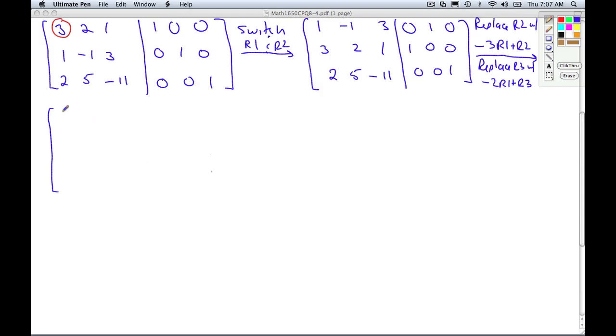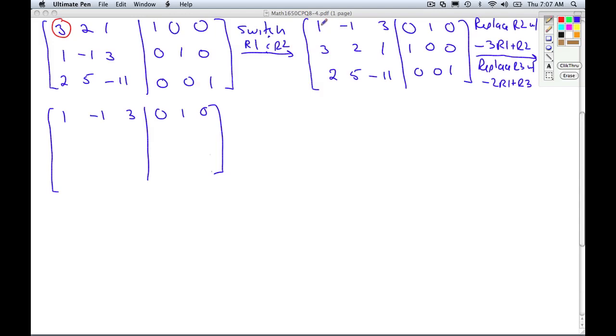Row 1 I'm keeping as is. For row 2, I take negative 3 times each of these numbers and then add it to row 2, and that's the new row 2.